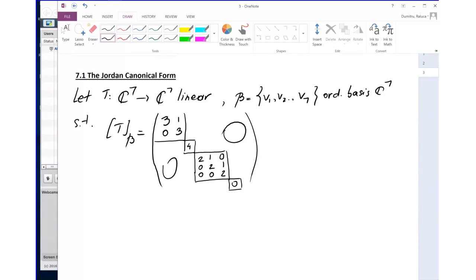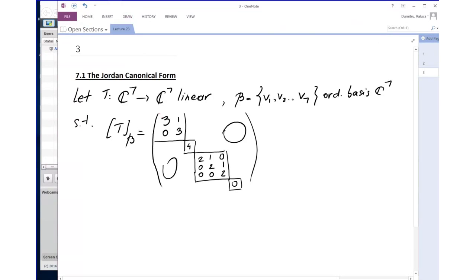This thing here is supposed to be the diagonal of the 7 by 7 matrix. And the way in which the matrix looks is that it has several blocks, right? I'm going to call those blocks. They are placed along the diagonal.